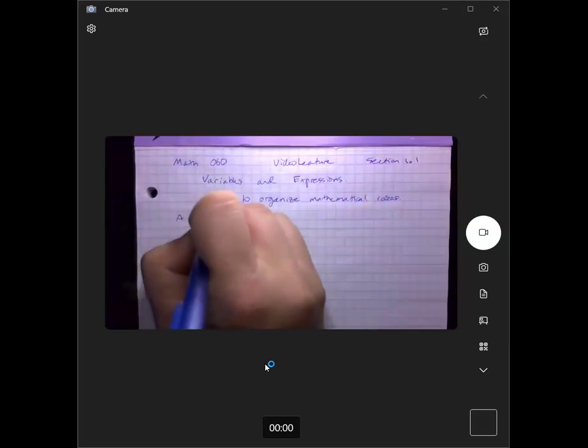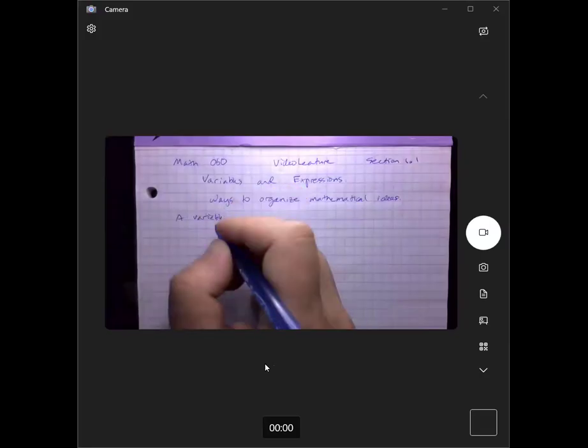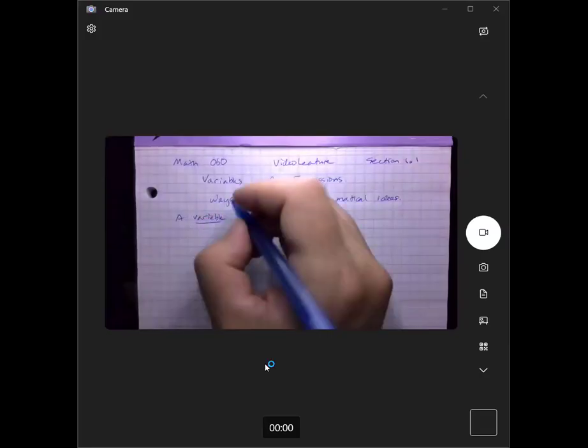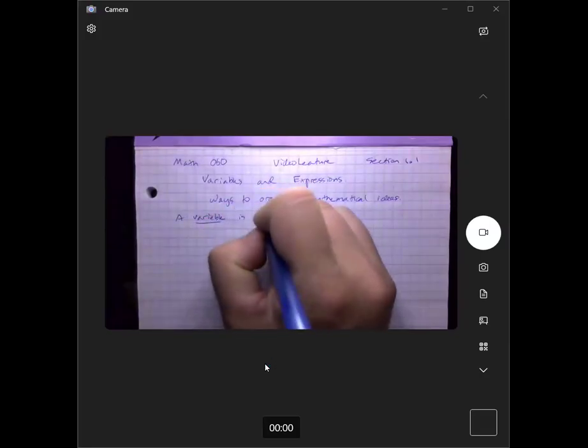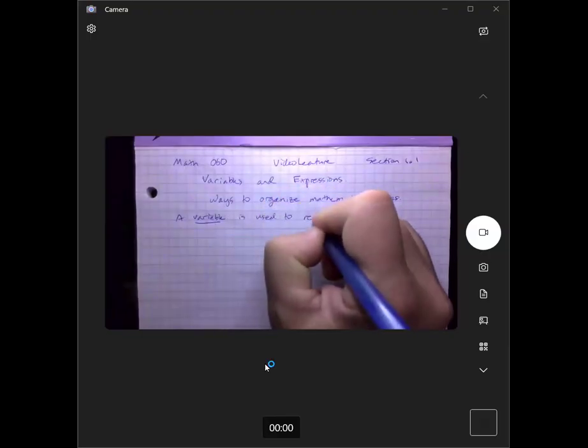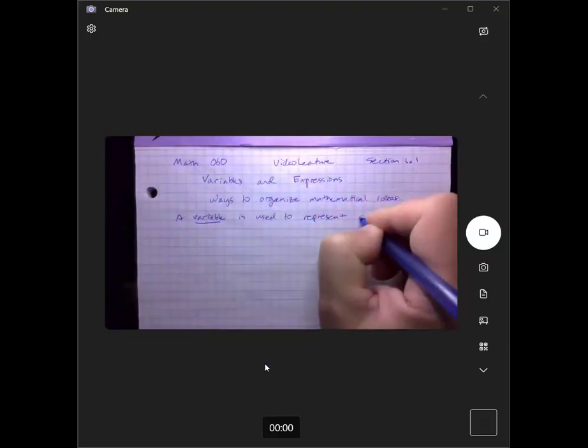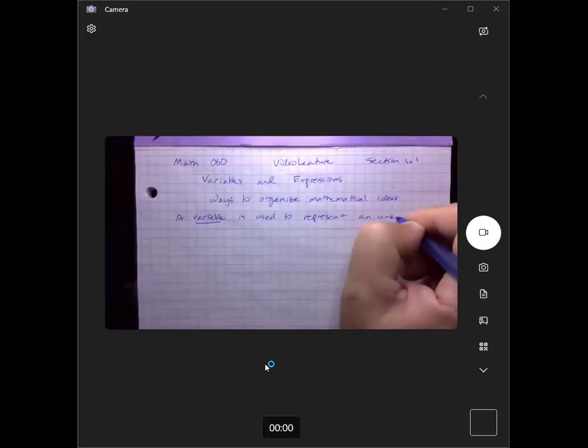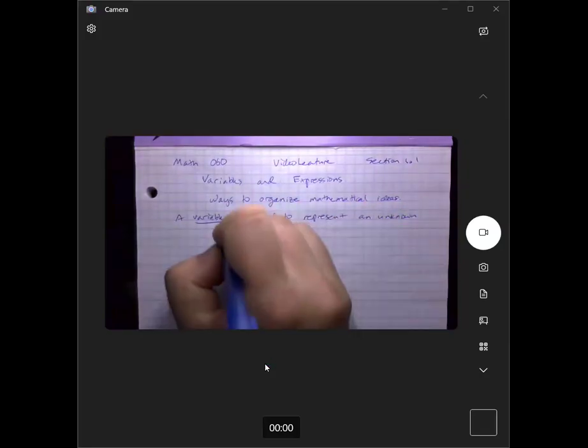So a variable is used to represent an unknown quantity.